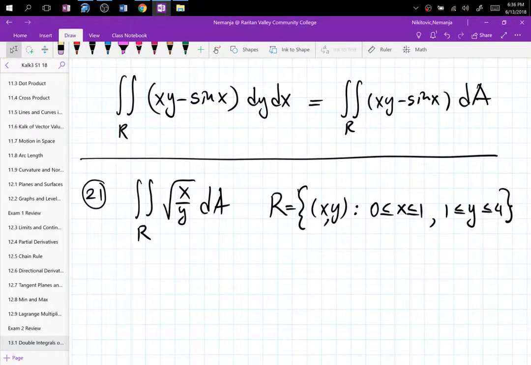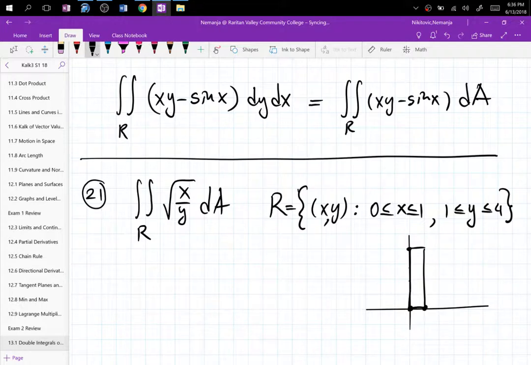If you need to visualize your domain, you will draw this. x is between 0 and 1, and y is between 1 and 4. This is the region R. You already see these are your limits for dx, and these are your limits for dy.